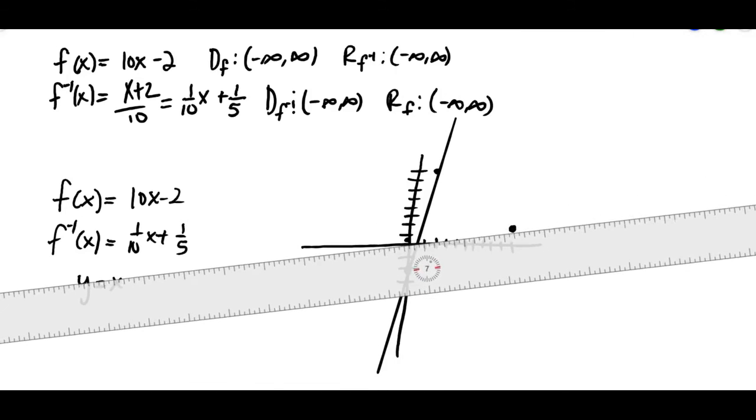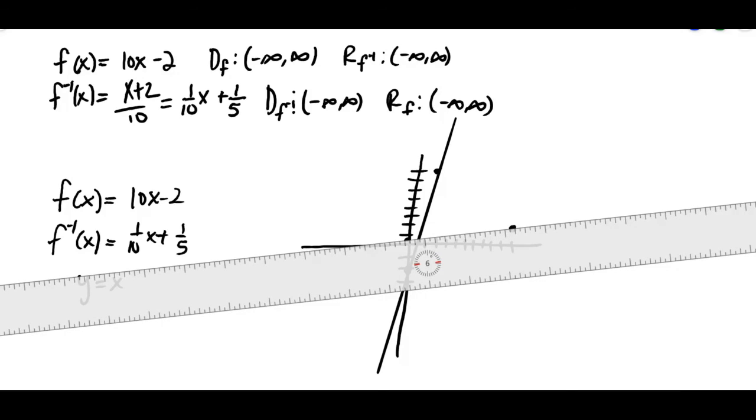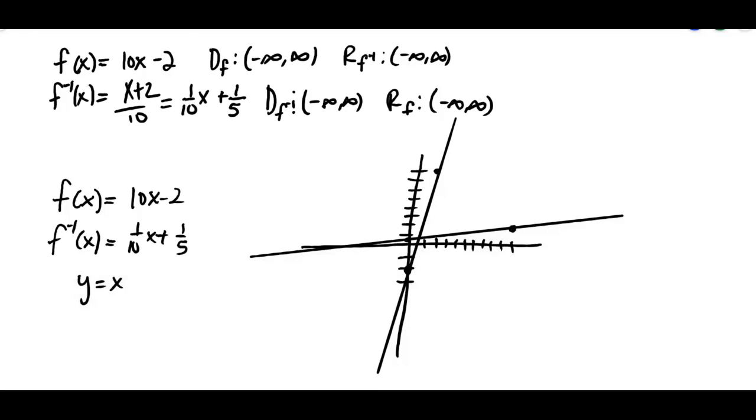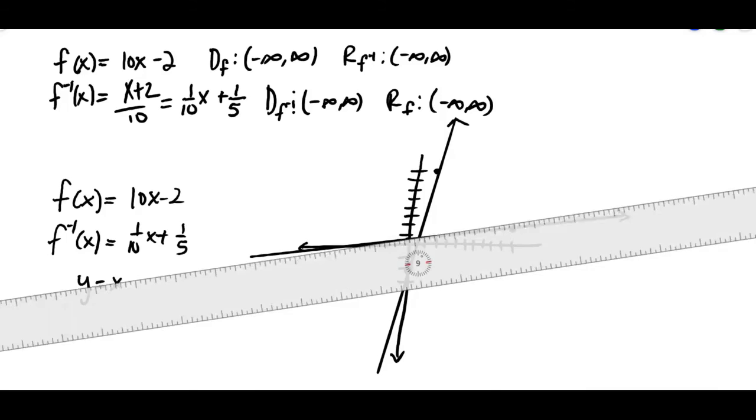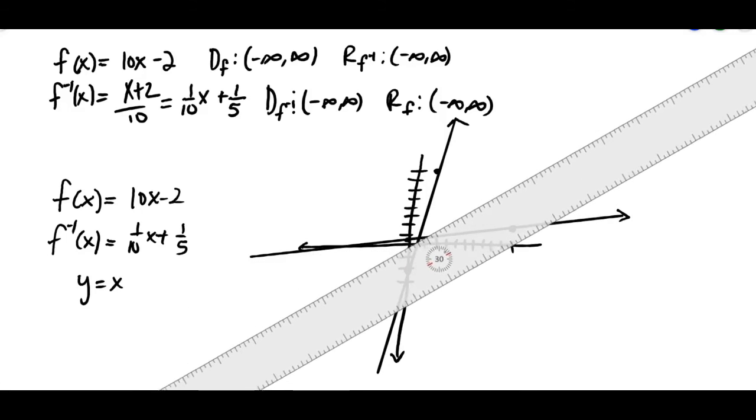I'm estimating a little bit because of the fractions. And then we want to graph the line y equals x. So the line y equals x is this line right here.